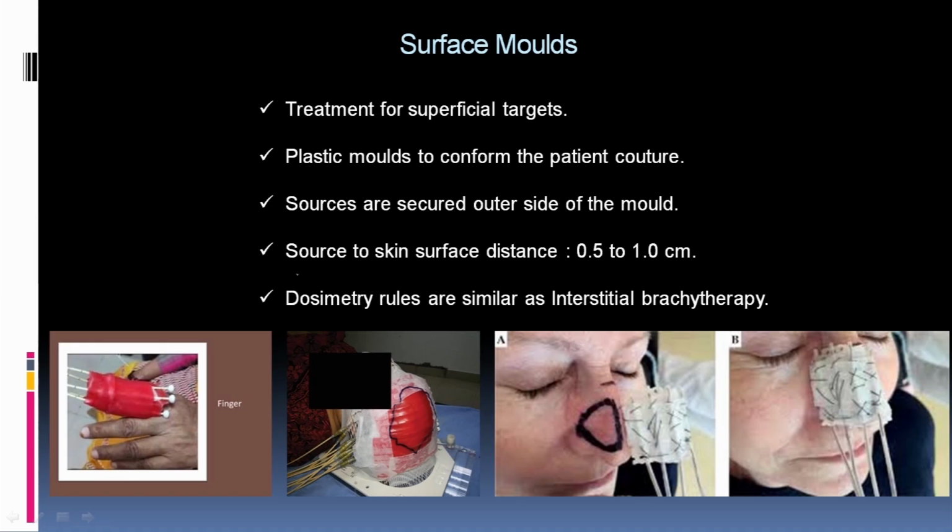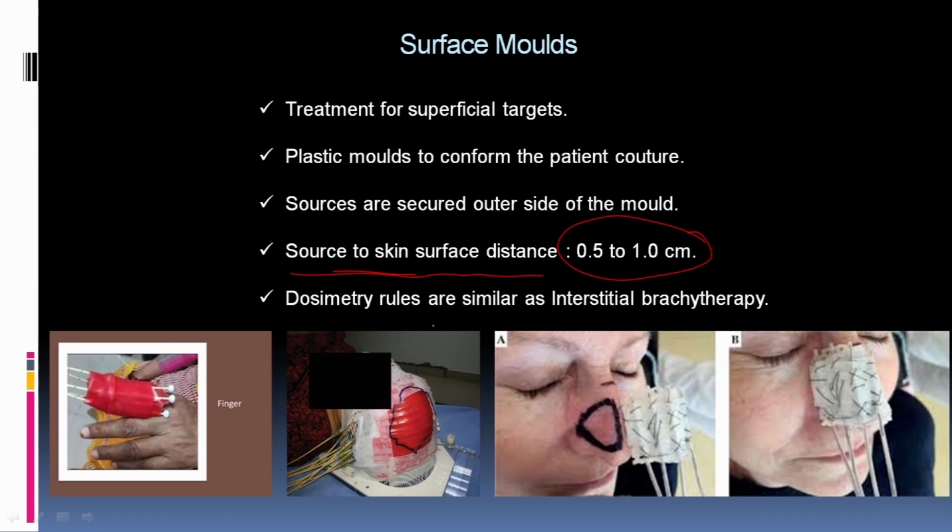The source to skin surface distance is normally 0.5 to 1 centimeter.